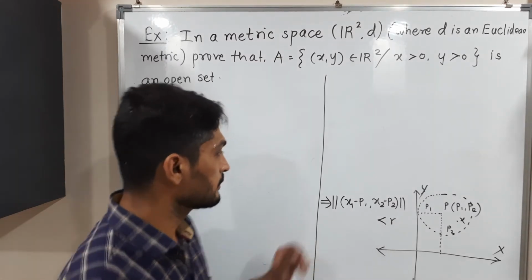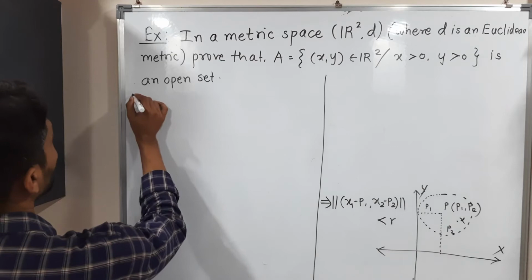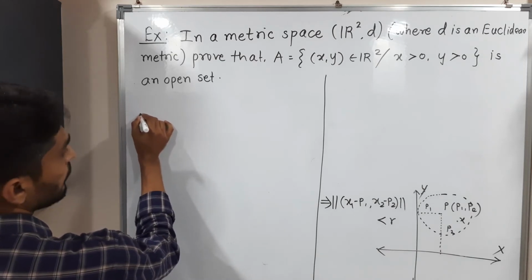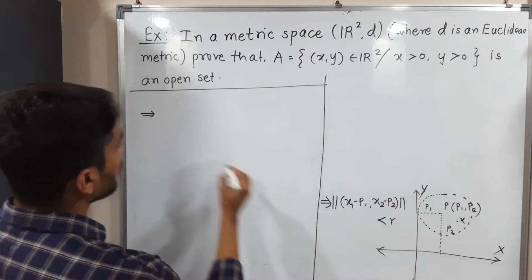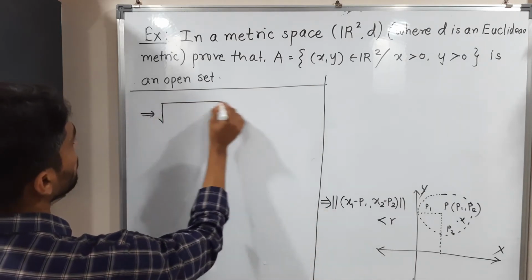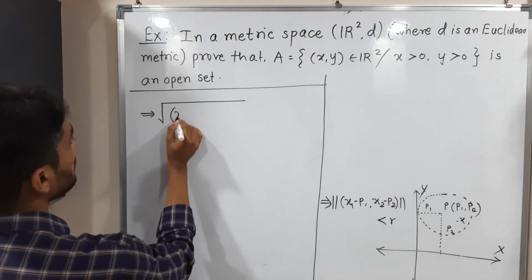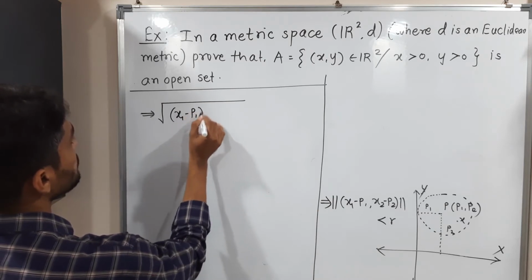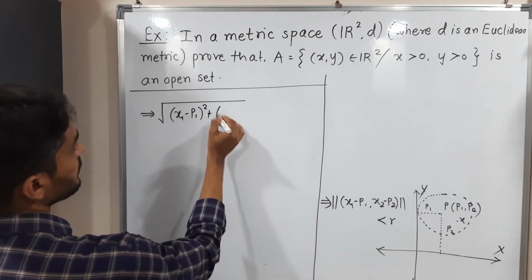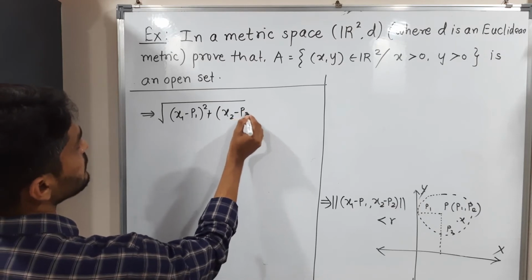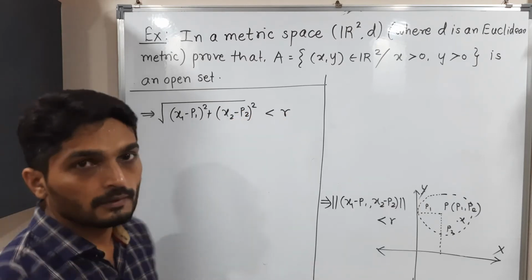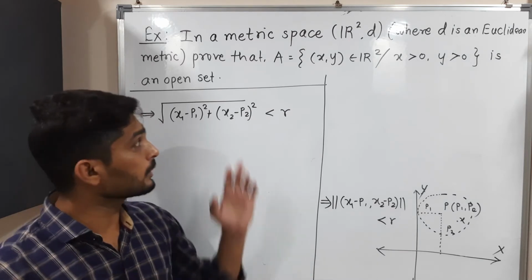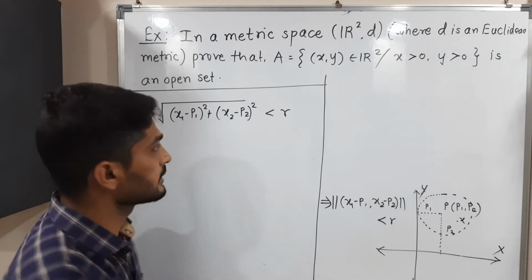Let us continue. Let us apply the definition of norm. By definition of norm, what can I write? It implies the square root of (x1 minus p1) squared plus (x2 minus p2) squared is less than r. To remove the square root, I will take the square of both sides.